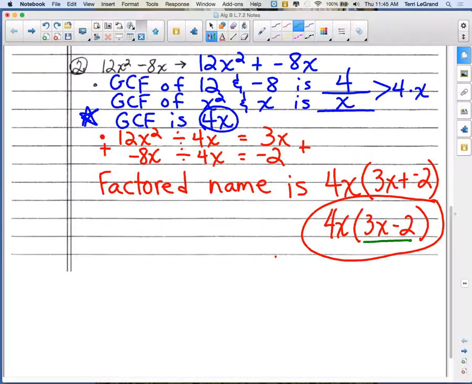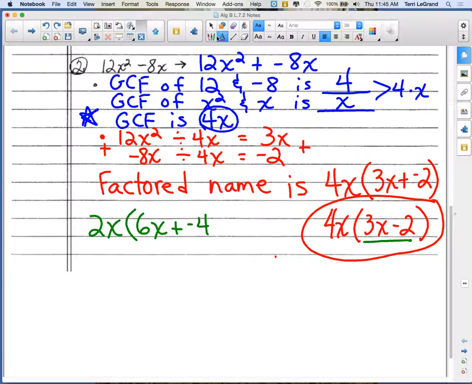So let me just show you what I mean by, you need to look and see. Let's just say somebody decided that the GCF for this problem was 2x. Okay? So after they divided their 2x out of their 12x squared, they would have had 6x here, and then plus a negative 4, I'm sorry.